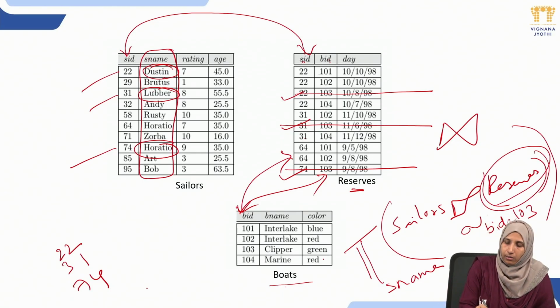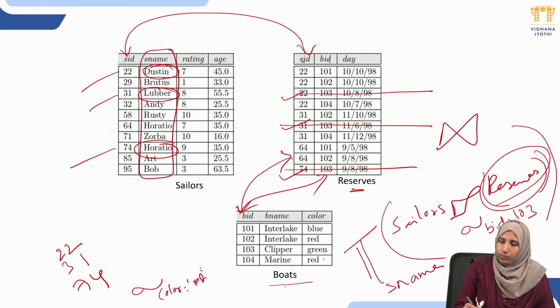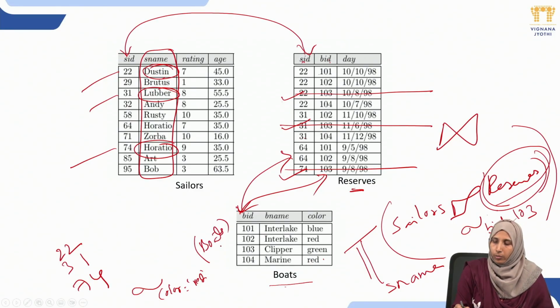First, apply the selection operator based on the color column upon the boats table. We'll get two rows, these two. Take these out.